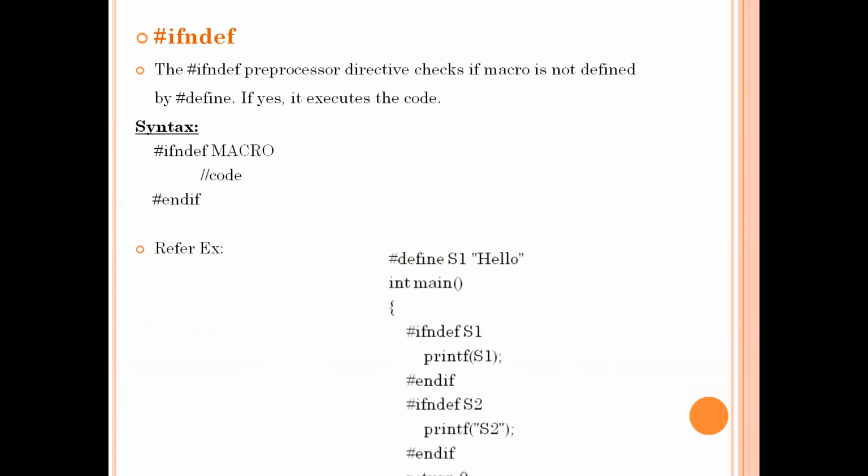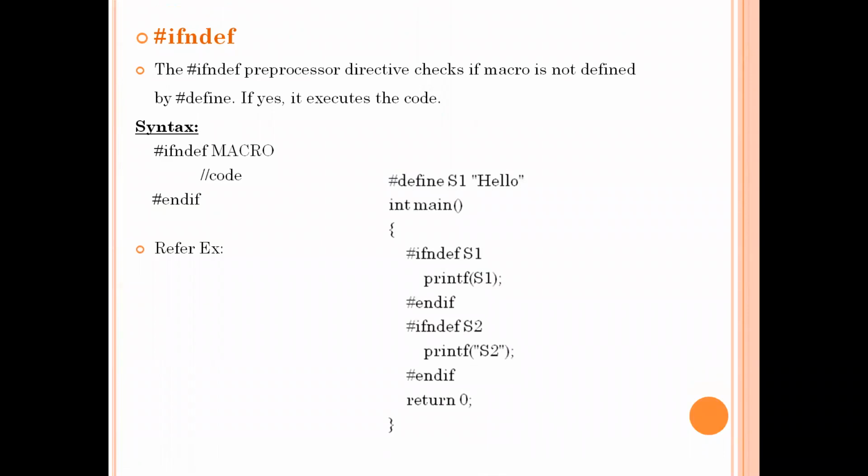See the example. Here in my example, I am defining S1, and the definition for S1 is hello. Inside the main method, I am writing the #ifndef directive, #ifndef S1.